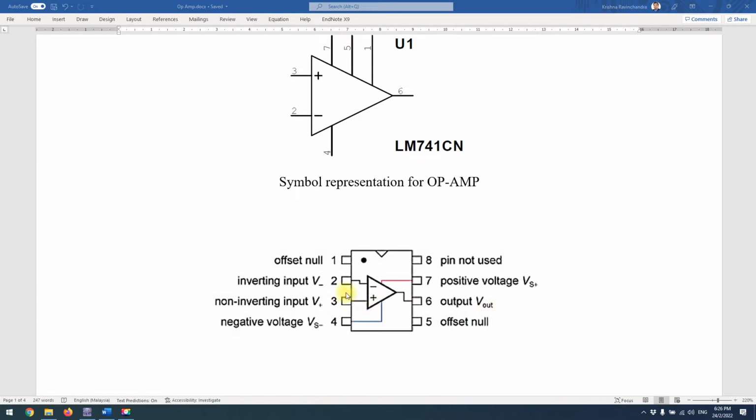Usually pins 2 and 3 are connected to the function generator, depending on whether it's an inverting or non-inverting circuit. Pin 6 will be connected to your oscilloscope. Pin 7 and pin 4 are the VCCs, the voltages that turn on the IC.